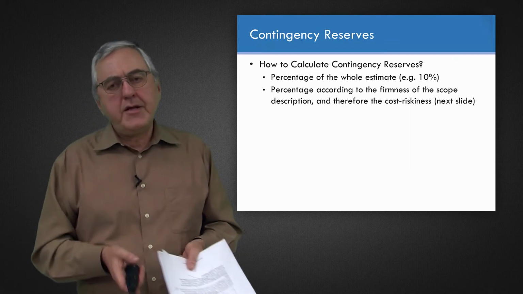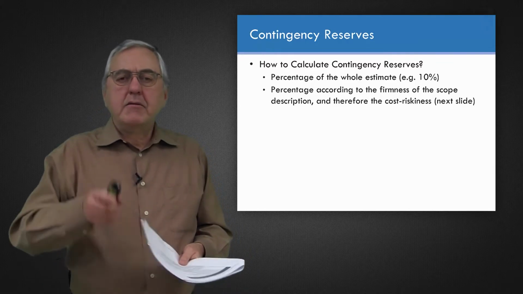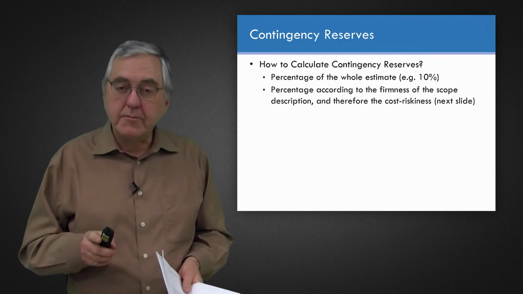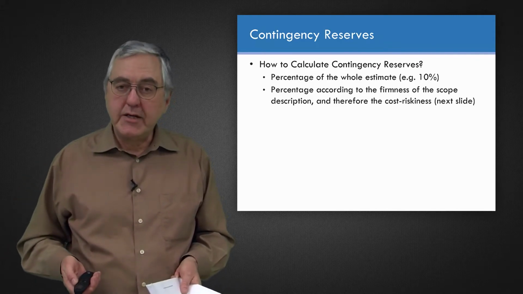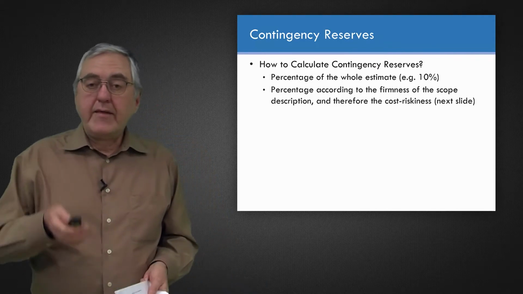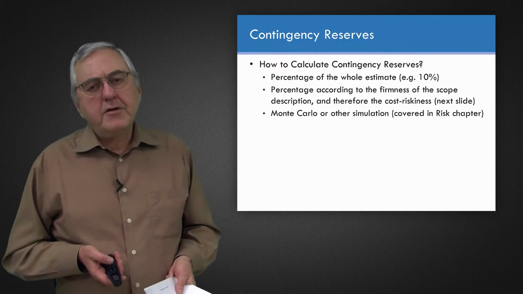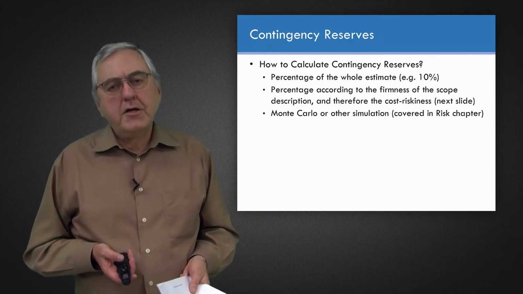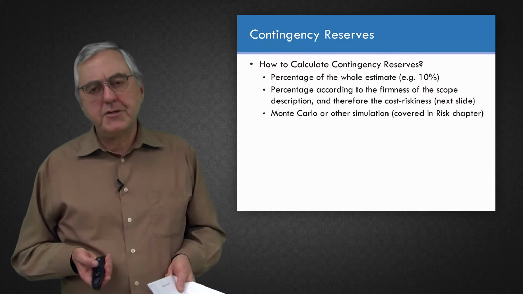Now, you could be more detailed. You could look at the project and look at the estimate or the budget and break it down according to riskiness. We'll look at that on the next graphic. To calculate contingency reserve, you could use Monte Carlo or other simulation methods.